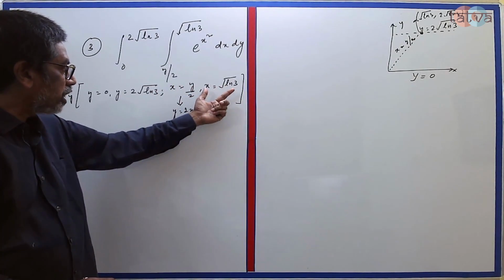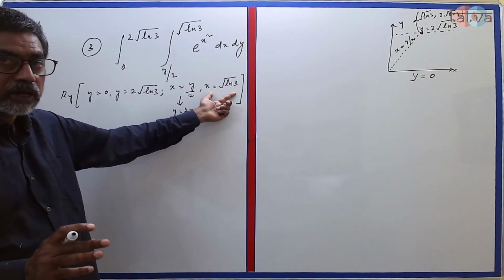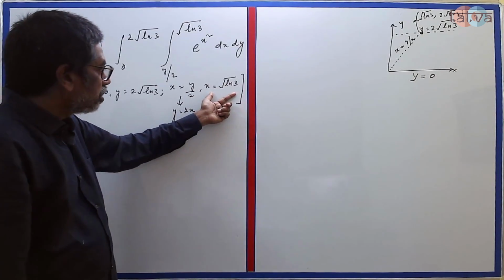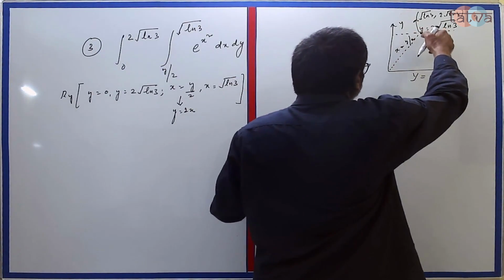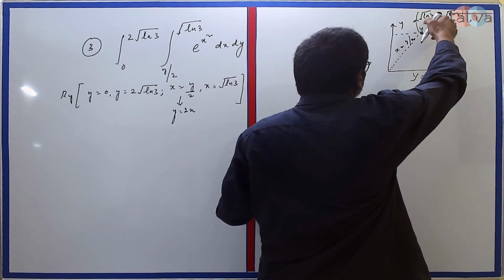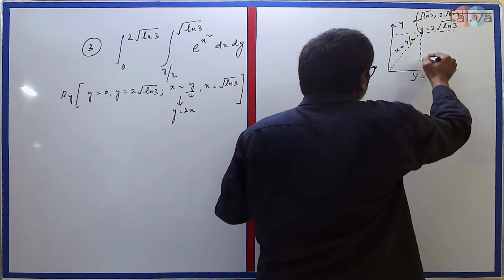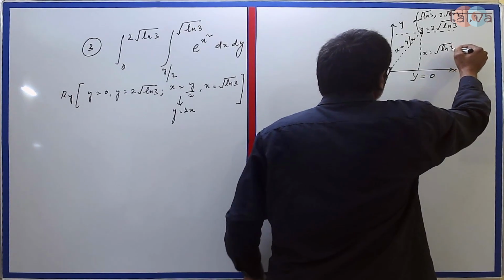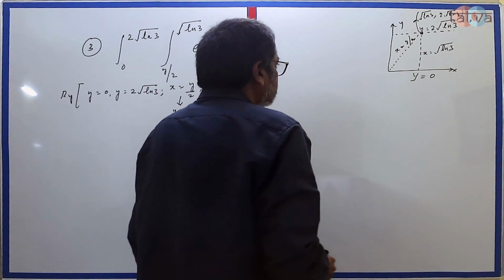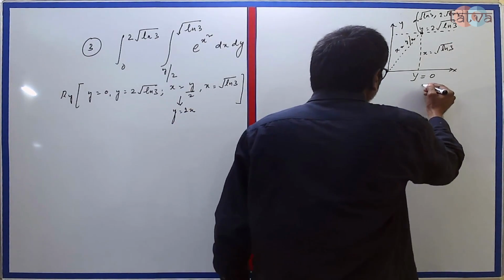Now this remains. x is equal to constant should be a line parallel to the y-axis. But where do you draw it? Can I draw it through this point? Yes, because it matches with the x coordinate there. So this is x is equal to square root of log 3. So let's number one by one. y is equal to 0.